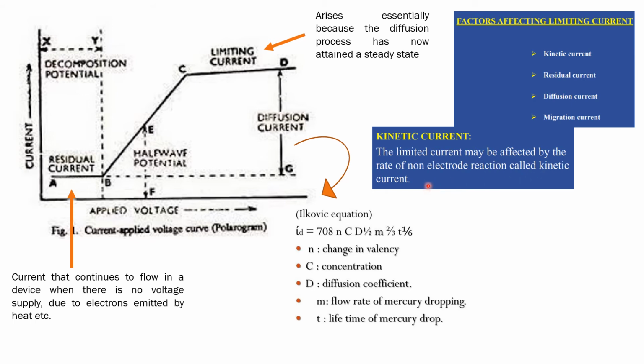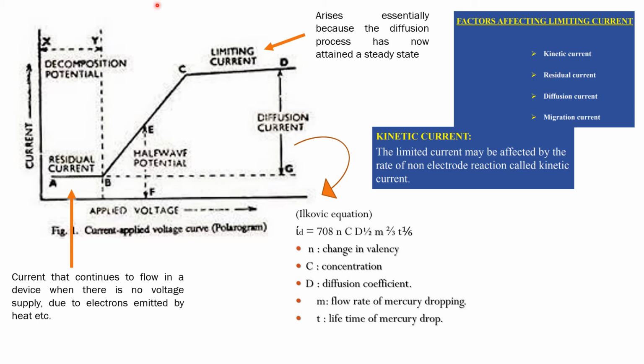So the current which corresponds to a non-electrode reaction, that is not happening due to the electrode process, is known as the kinetic current, and it is not represented in this polarogram, but you have to keep in mind that it is also a factor which affects the limiting current. So these are some of the factors affecting limiting current, and the present question that we are dealing with is related to this point. So we'll come to that later.